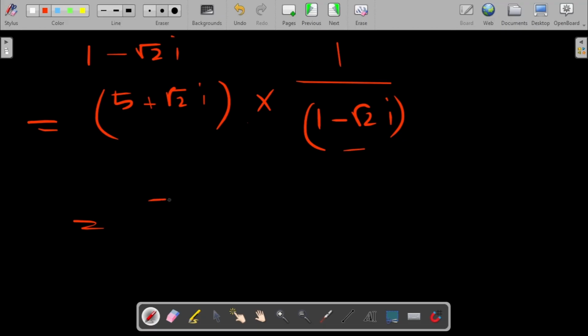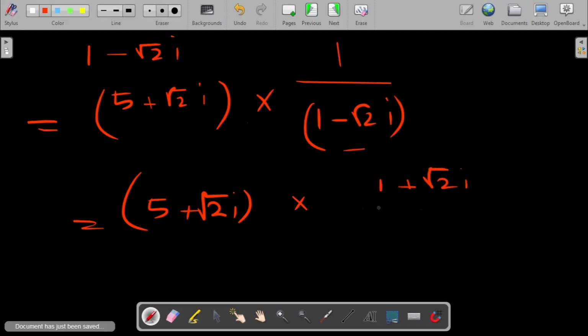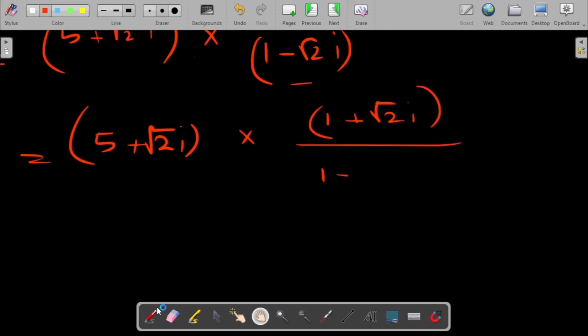The conjugate of this is 1 plus square root of 2i. So I multiplied and divided by the conjugate of 1 minus square root of 2i, which is 1 plus square root of 2i.